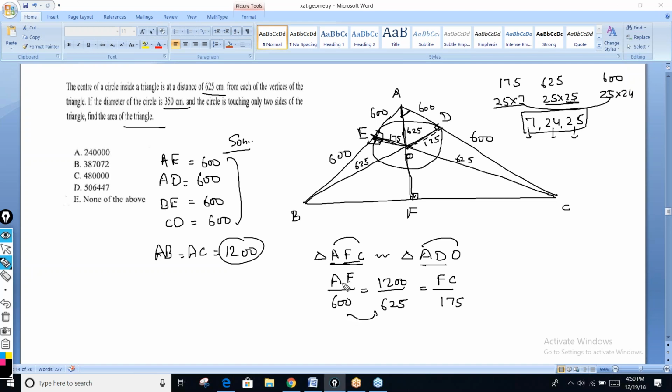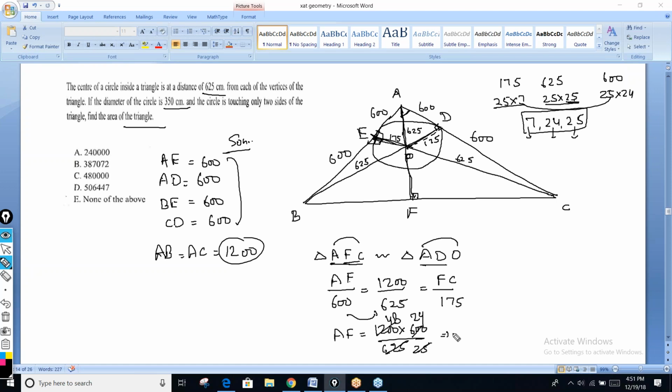If I use these two, I'll get the value of AF. If I cancel out with 25, that is 25 into 24, 25 into 50, 25 into 48, that is 1200 into 600 upon 625. Cancel out with 25, that is 24, that is 48.